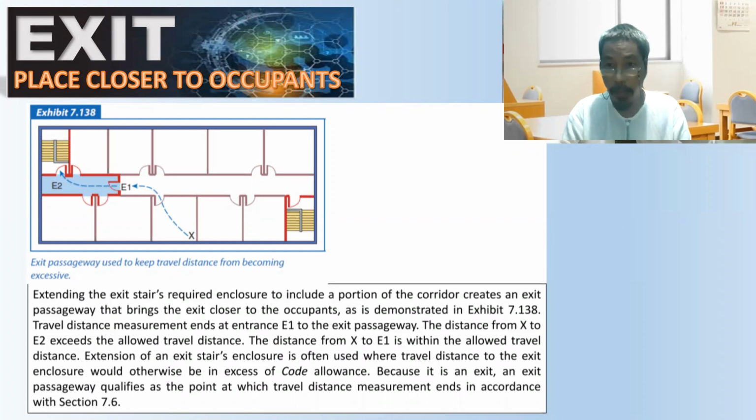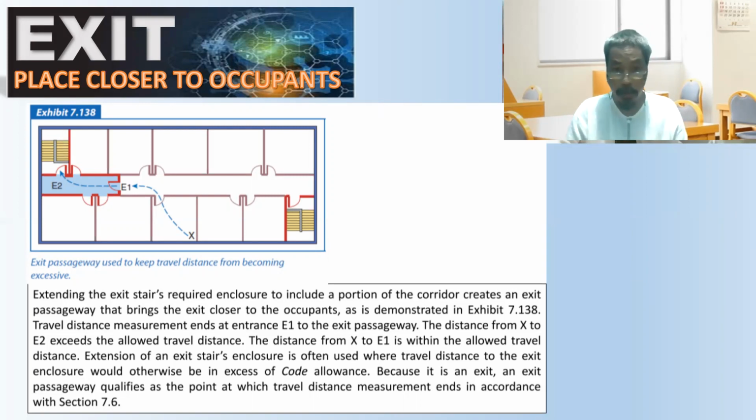It is always better if we place those exits closer to occupants, because they can take advantage of it, and therefore they can get out of the building easier, faster, and probably unharmed.